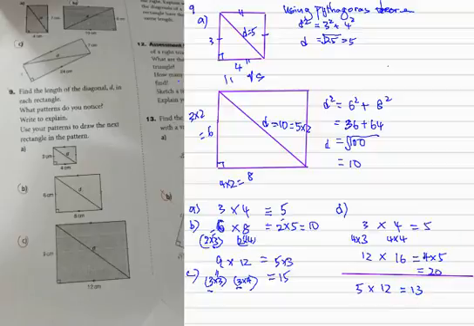In other words, I have the basic of 5, 12, and 13. So if you use this family, what you can do, you will be 2 times 5, so you got 10. Then 2 times 12, you got 24. Then 2 times 13, you got 26.